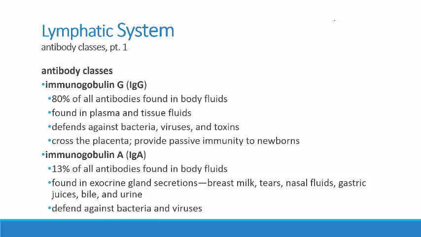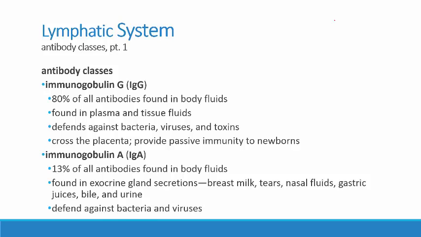That's IgG. Now let's look at IgA. This is the next most abundant, and if 80% is the first most abundant, it's going to be hard for anything else to come near that. So 13% of all antibodies are IgA, and these antibodies are found in exocrine gland secretions.